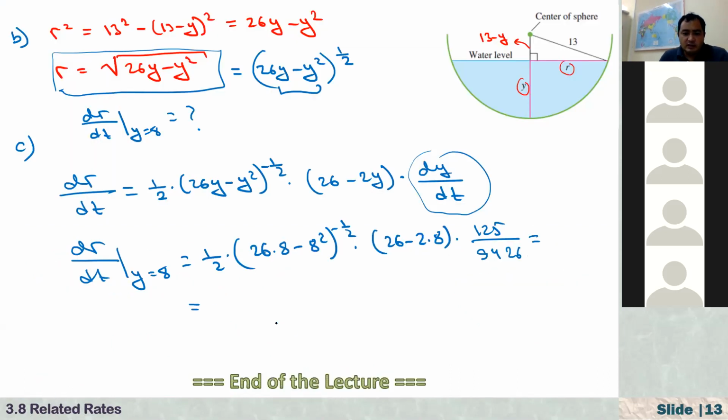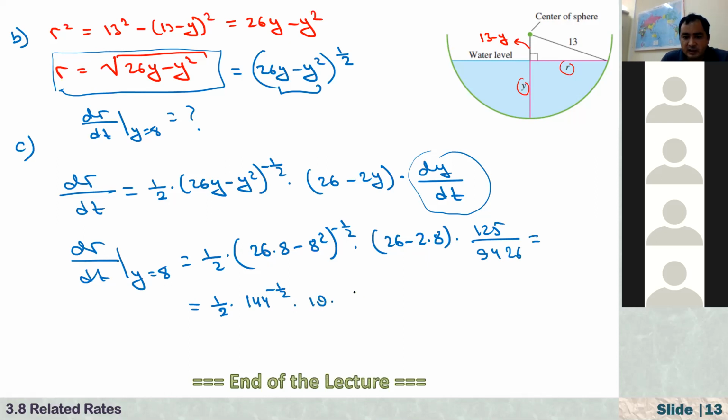Let me simply write this: 1 over 2 times the square root of 26 times 8 minus 64. Actually, this one is 144. So here we have 144 to the power of minus 1 over 2 times 26 minus 16.